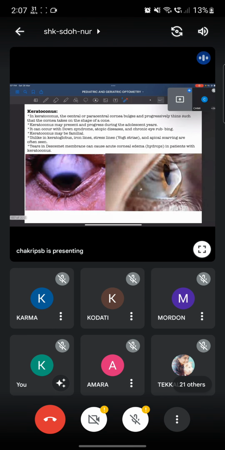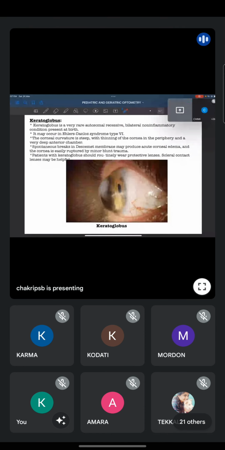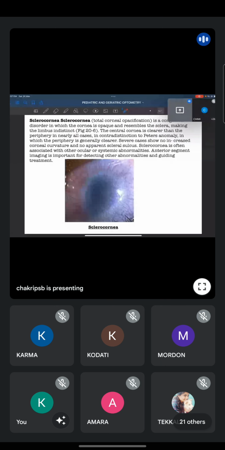And next is keratoconus. Here the cornea is looking like a globe-like structure, and keratoconus means the cornea will be like a cone. Next is sclerocornea, total opacification of the cornea and sclera, not fully developed due to prematurity of the babies.